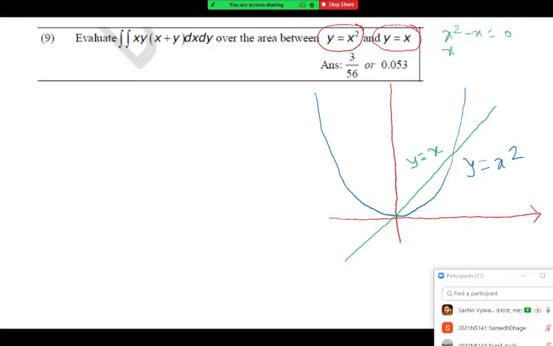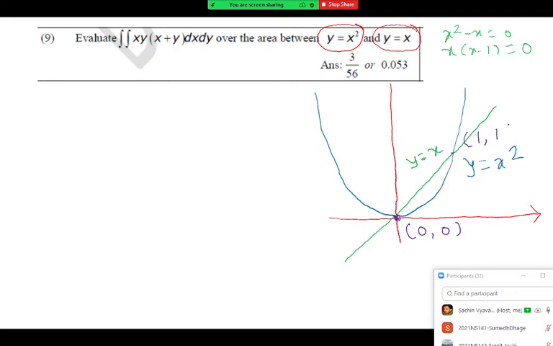If you take x as common, we get x = 0 or 1. When x is 0 or 1, and if you replace in any of these, then y is also 0 or 1. So what should be the points of intersection? The first one is (0, 0), and what about the other point? Sir, (1, 1).